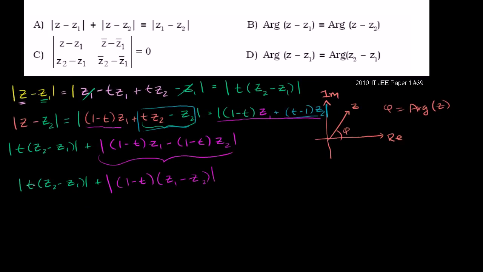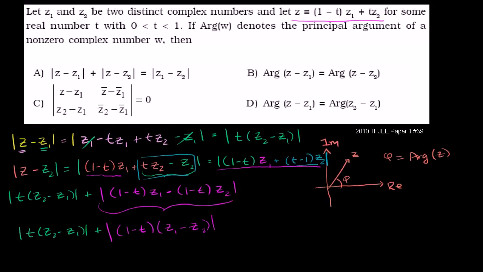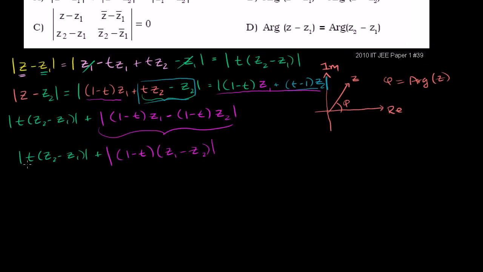So t is just a scalar, and t is between 0 and 1. They told us that over here. So this is a positive value, and 1 minus t is also a positive value, because t is greater than 0 and less than 1. These are just scalars, so they're just scaling the magnitude.